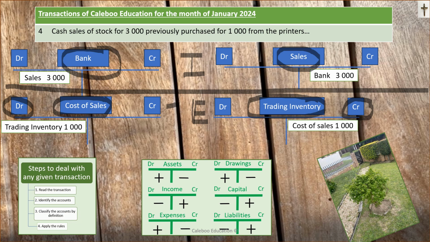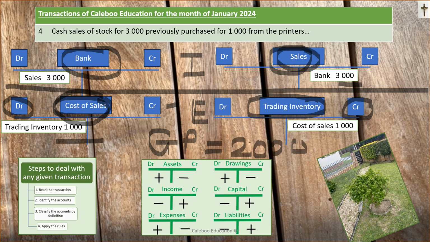Sales minus cost of sales will give you the gross profit. 3,000 minus 1,000 is equal to 2,000. Obviously, I'm only looking at one sale here, but there would be hundreds of sales, hopefully, and you're able to calculate the gross profit quite easily because you know the cost price of the stock that you are selling.